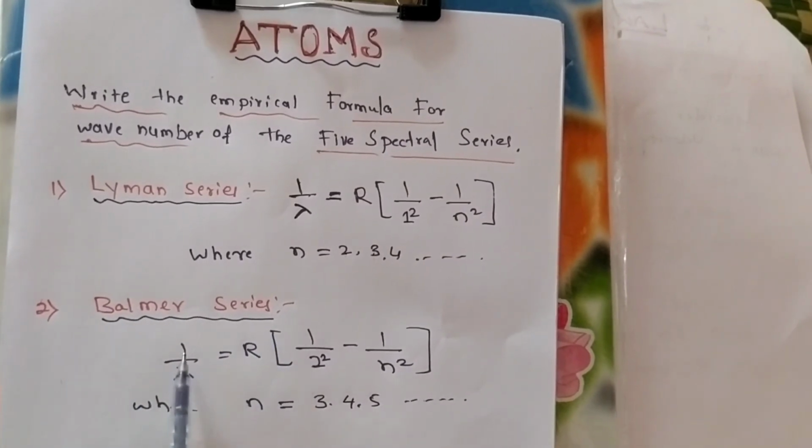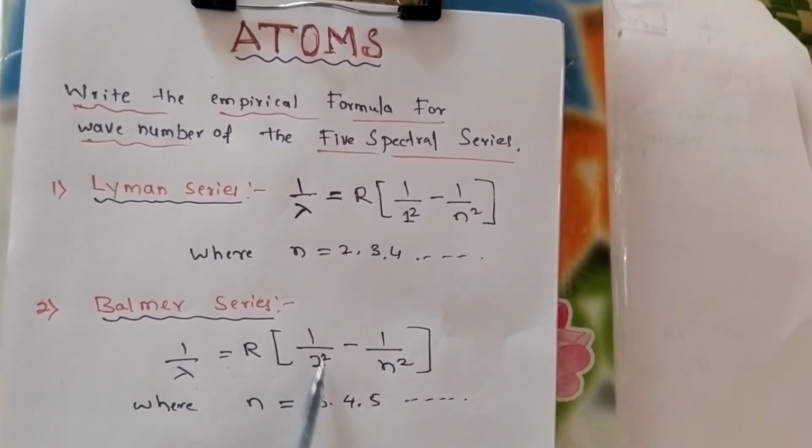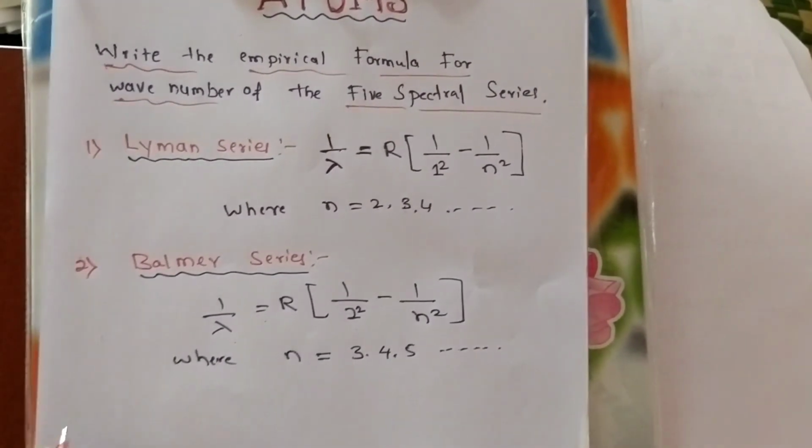Its empirical formula is 1 divided by lambda is equal to R into (1 divided by 2 square minus 1 divided by n square).